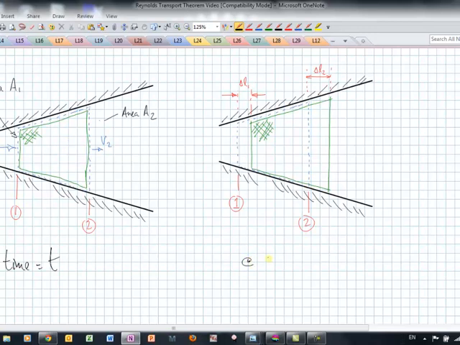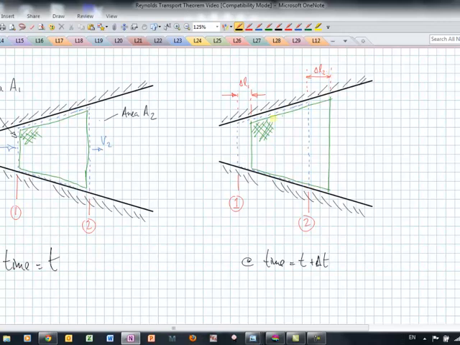So the second picture here represents what's going on at some time equals t plus delta t, and as we see in this picture, the slug of fluid has moved away from the control volume, and there's now some distance between the left edge of the control volume and the left edge of the system, and the right edge of the control volume and the right edge of the system.